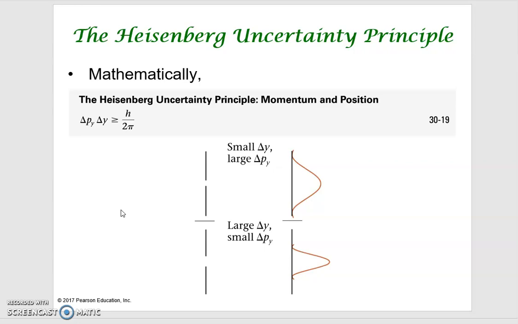If you have a size of 10 meters or 100 meters, it is way bigger than h, and there is no way you can see the quantum effect. So that's the reason the de Broglie relation and the Heisenberg uncertainty principle are important when you study small particles. So this is the first form of the Heisenberg uncertainty principle, the relation between momentum and position.